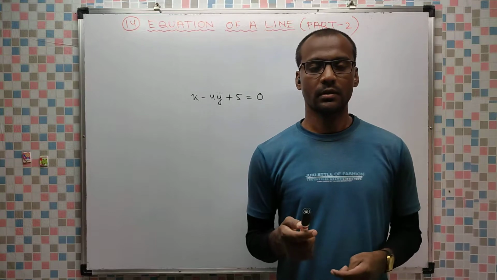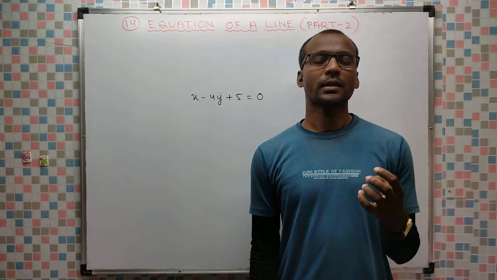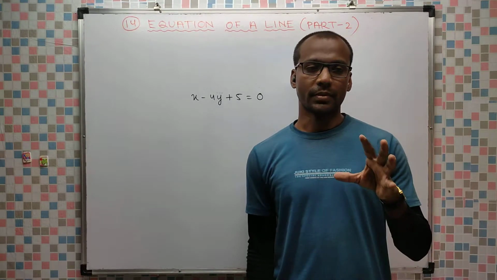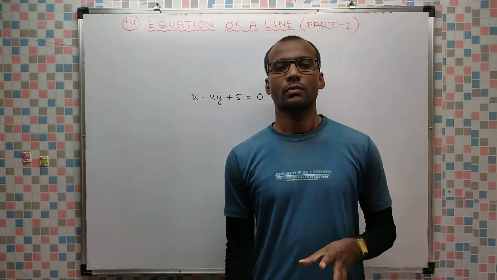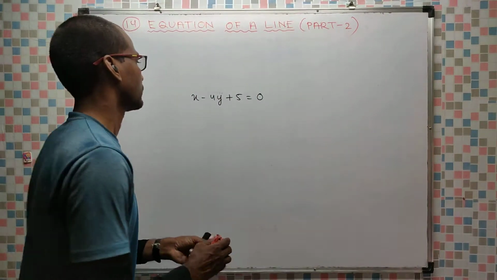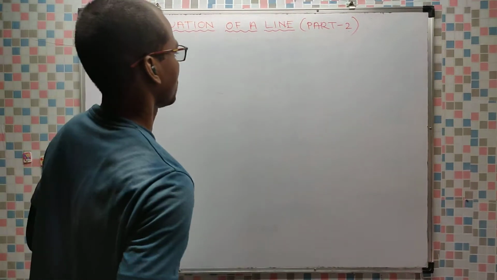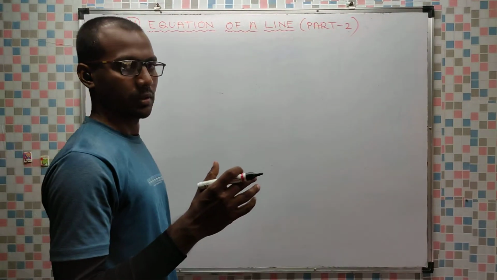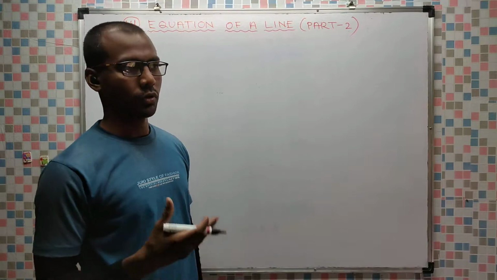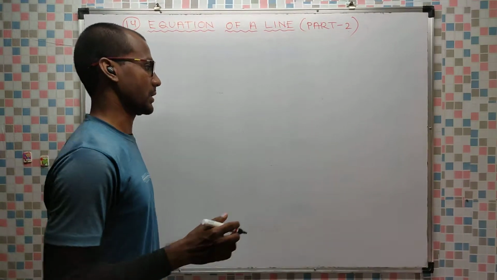In class 10, in this chapter, some information regarding the line will be given, and based on that information we will get the equation of the line. So we have to know some more concepts about line, then only you can find the equation of a line.